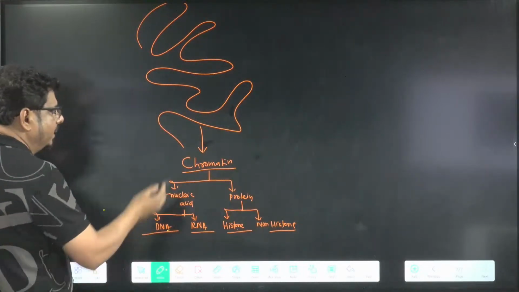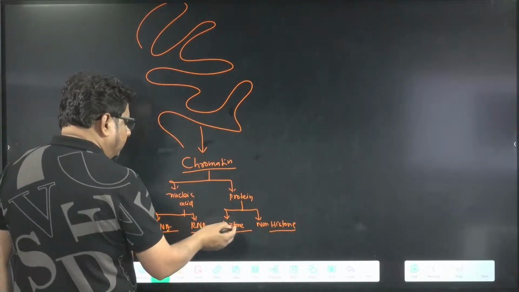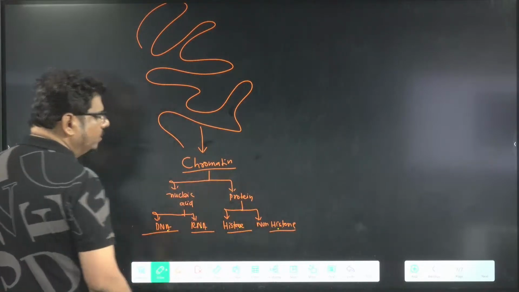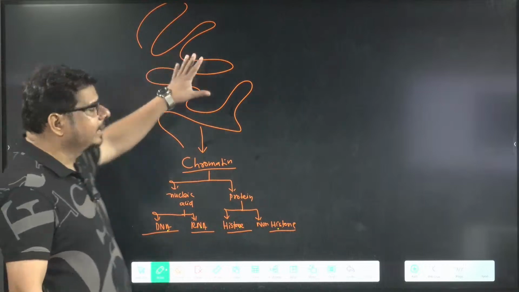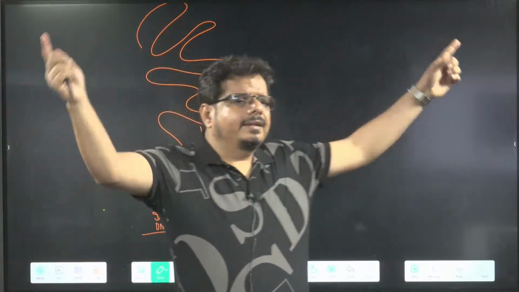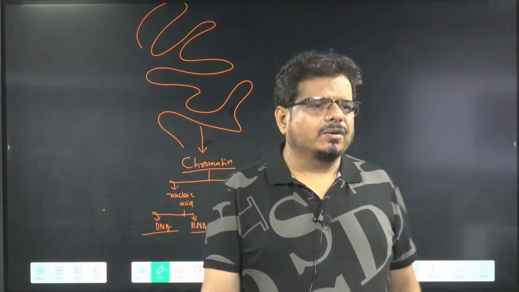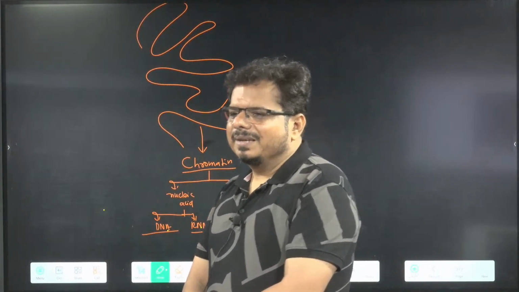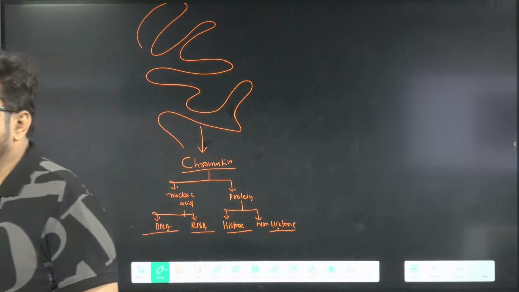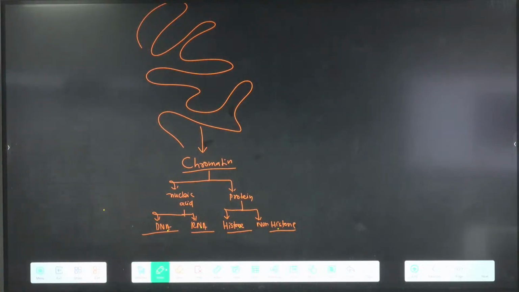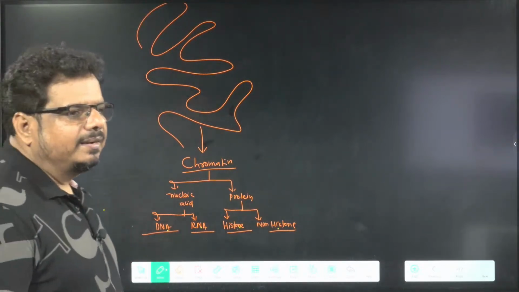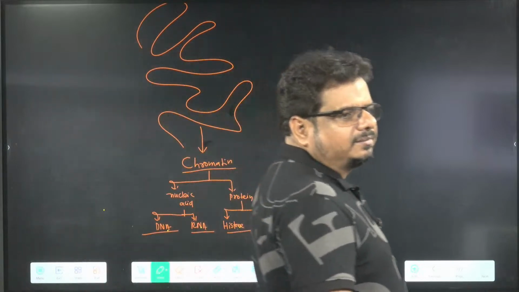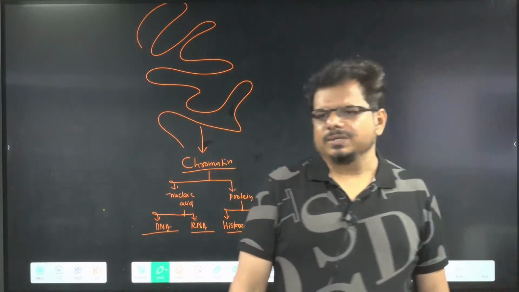DNA is there in chromatin, RNA is there, histone is there, non-histone protein is there. And how does it look? It is an extended, elaborate network of nucleoprotein. Can I say it is chromatin? Did the picture come or not? Composition of chromatin is what basically? DNA, RNA, histone protein, non-histone protein.